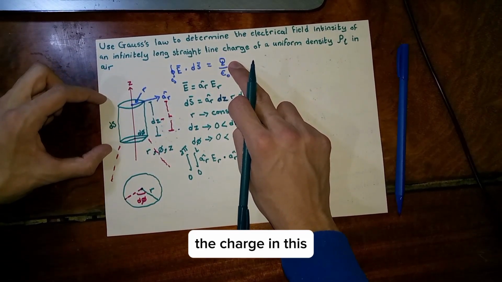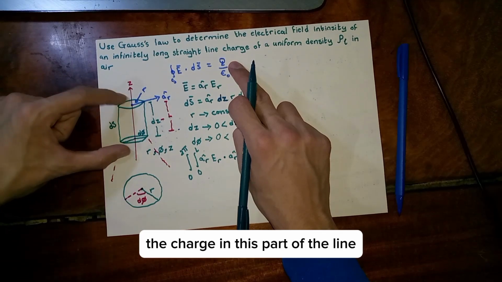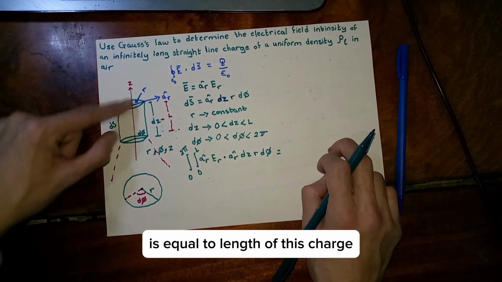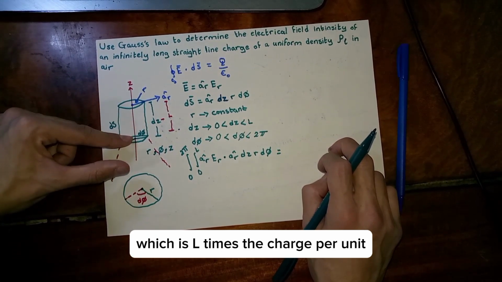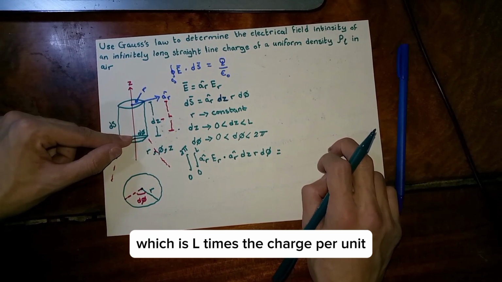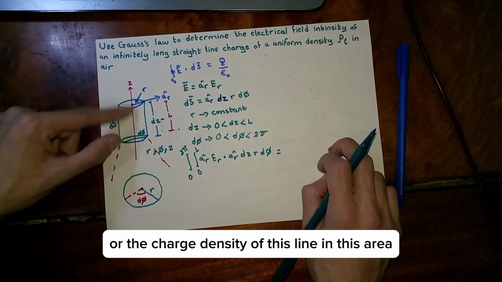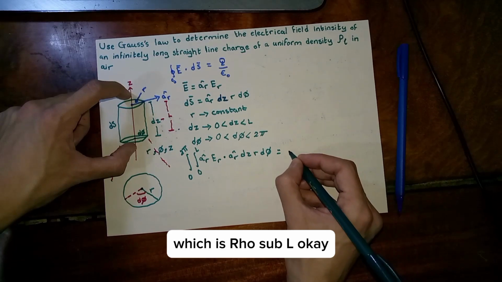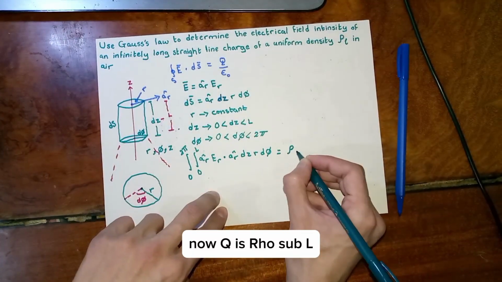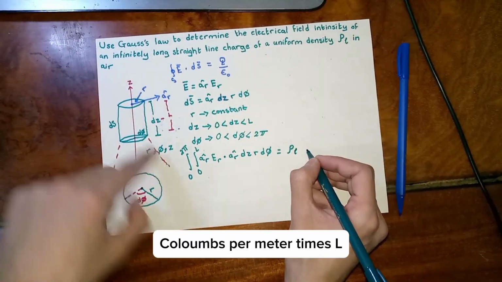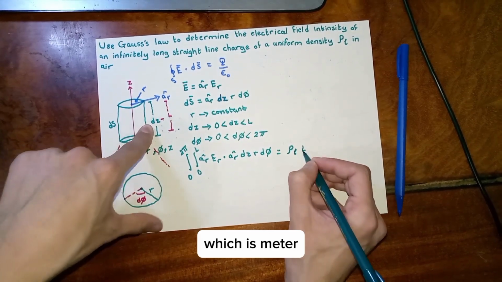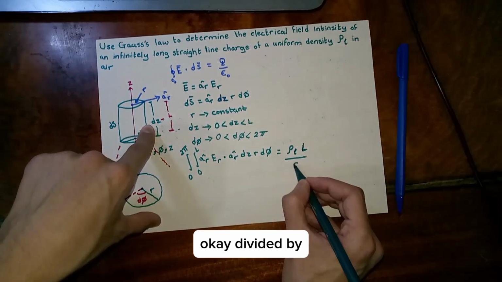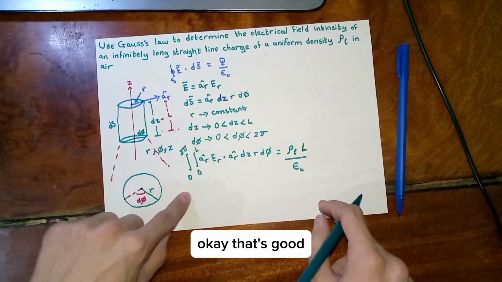The charge in this part of the infinite line charge is equal to the length, which is L, times the charge per unit meter, or the charge density of this line, which is rho sub L. Now Q is rho sub L, which is coulomb per meter, times L, which is meter. The multiplication is going to be coulomb at the end, divided by epsilon naught.